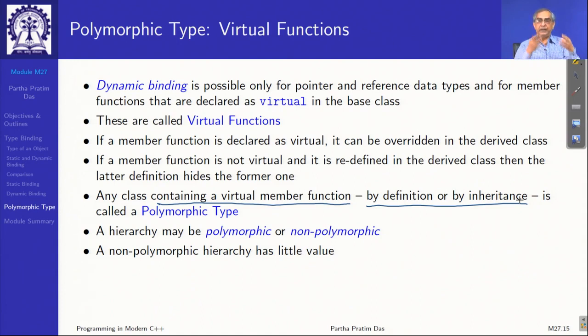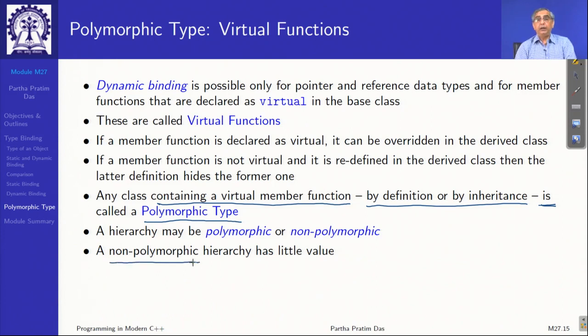Virtual functions are always inherited as virtual functions. Then such a class or such a type is known as polymorphic. So, it will lead to dynamic binding for that class. So, a hierarchy may be polymorphic or it may be non-polymorphic. Again, I may not have any virtual function at the base, so that the whole hierarchy is non-polymorphic.